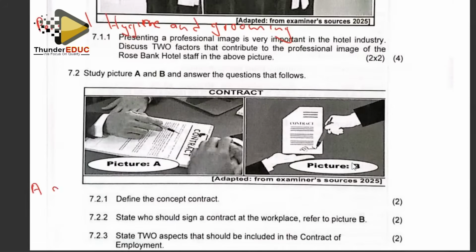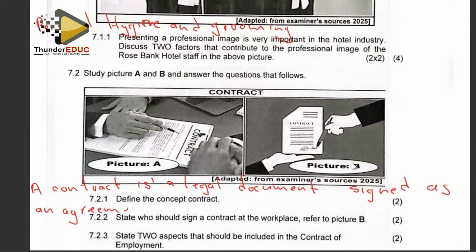A contract is a legal document signed as an agreement between two parties.